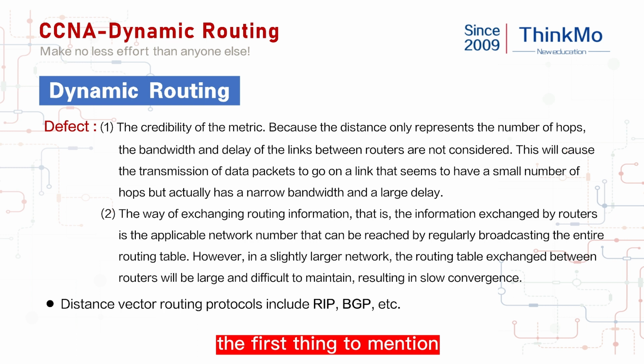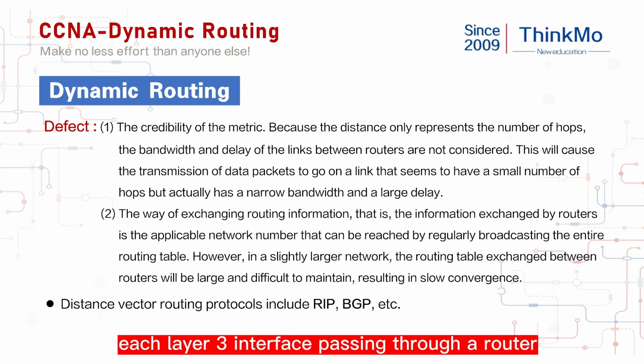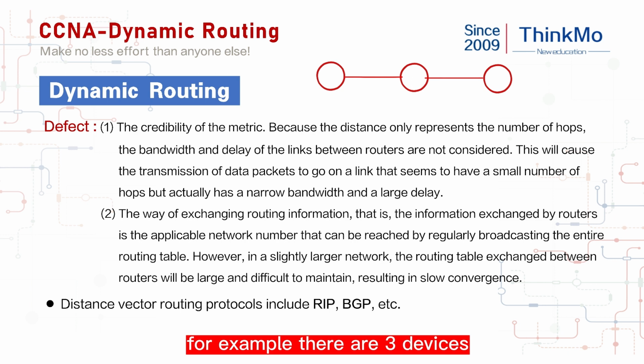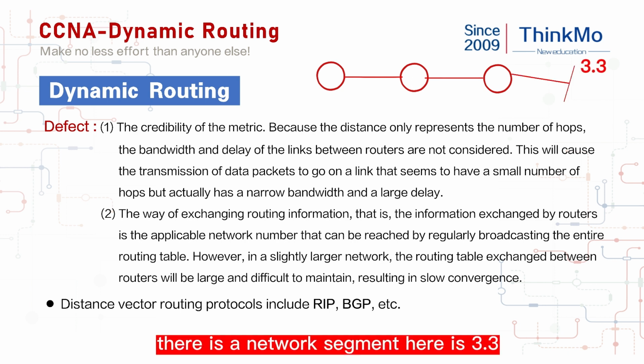The first thing to mention is the trustworthiness of routing metrics. For a protocol like RIP, its routing metric is just hop count. Each layer 3 interface passing through a router is called a hop. For example, there are 3 devices, and there is a network segment 3.3.